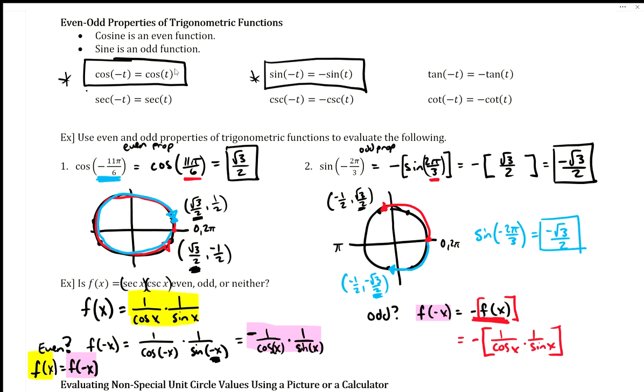I put the brackets there in case we needed to distribute, but because it's all multiplication, with no addition or subtraction, I don't need those brackets. So it really is the same as this expression, which is the same as that pink highlighted one from before. So these are the same, and it is odd.